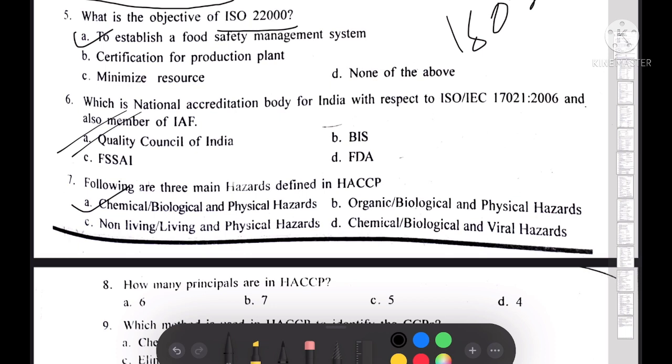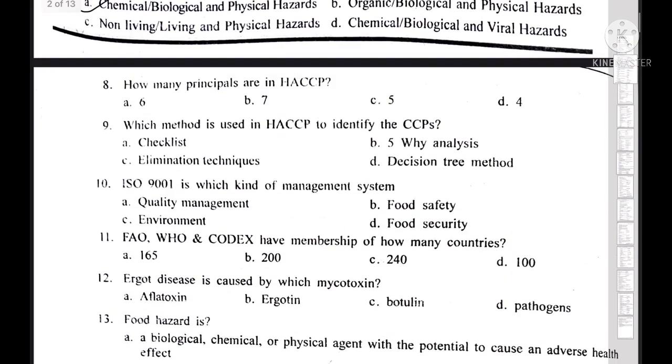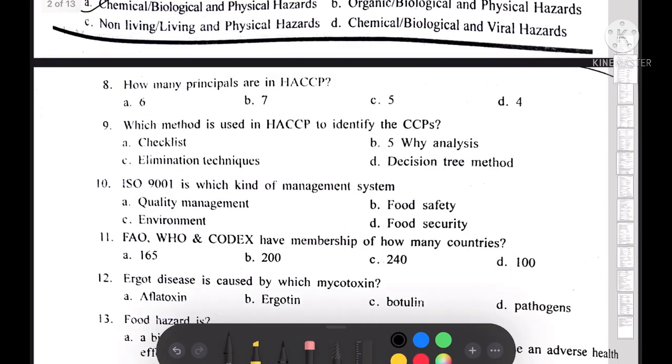Okay, next. How many principles are there in HACCP? The options are 6, 7, 5 or 4. There are mainly 7 principles of HACCP. It is a hazard safety system, and it has 7 basic principles that are employed in the development of a HACCP plan.